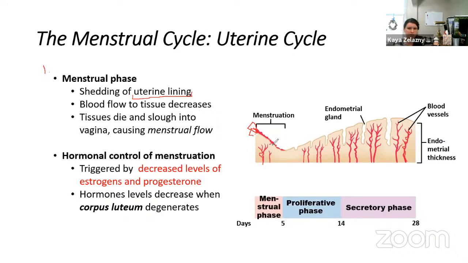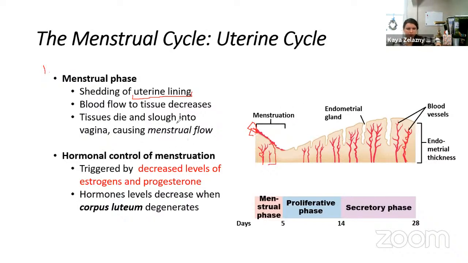We can see these blood vessels are small here during the menstrual phase. We're trying not to bleed too much. They're going to bleed some as the inner part of the endometrium rips away, but your body is trying to help you out here. This mix of uterine lining and blood from the blood vessels in the endometrium causes menstrual flow. That's your period.